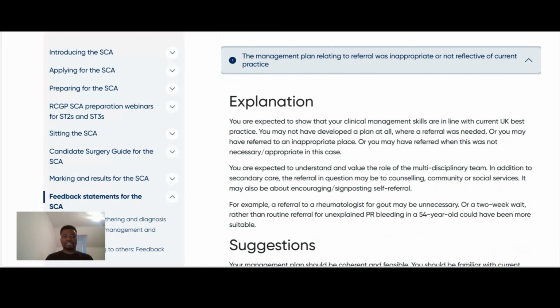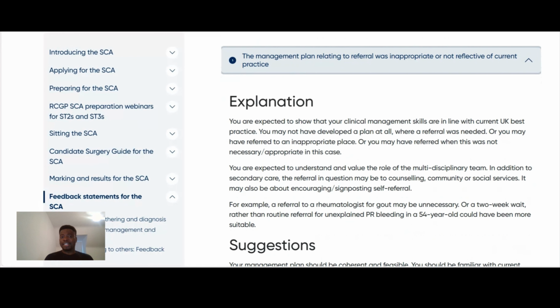If a patient is referred to the wrong service, say you've seen a patient who has got TIA, and instead of referring them to the TIA service, you have referred them to the neurologist, that would be an inappropriate referral.